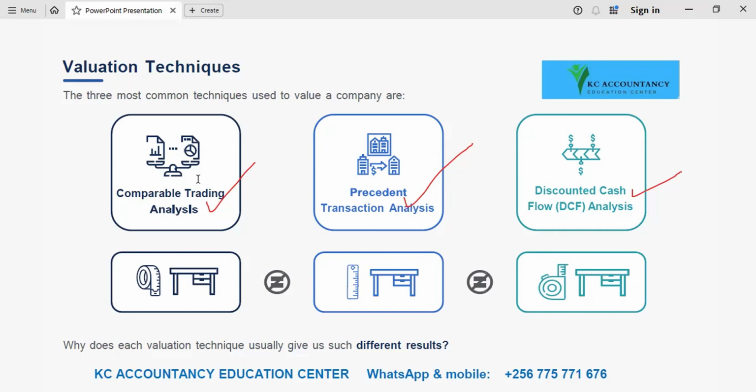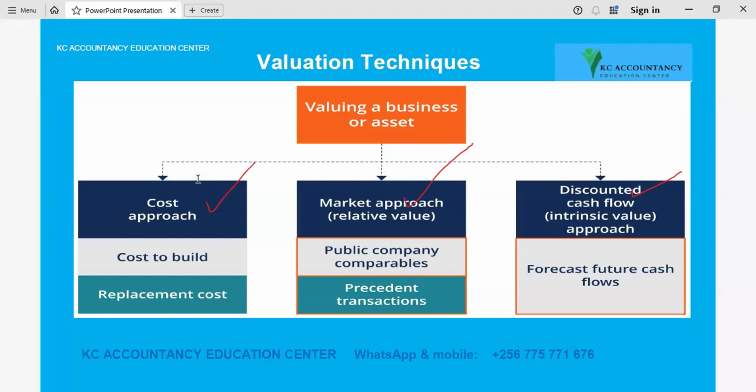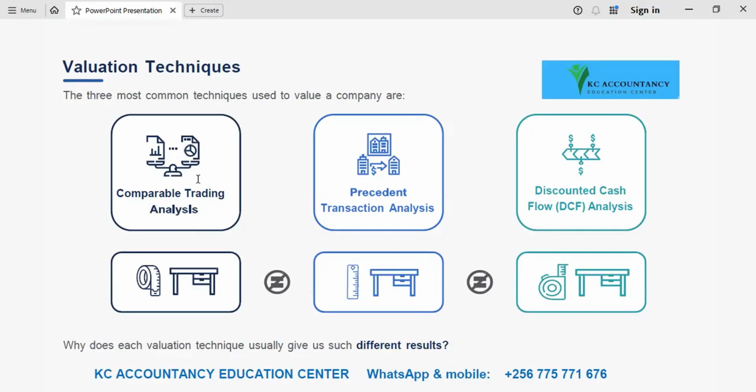Although there are many other techniques, as you've seen in this video, such as the ones that are cost-based, cost to build, replacement cost. So there are others, but the mostly used forms are those three: the precedent transaction analysis, the comparable, and finally the DCF analysis.